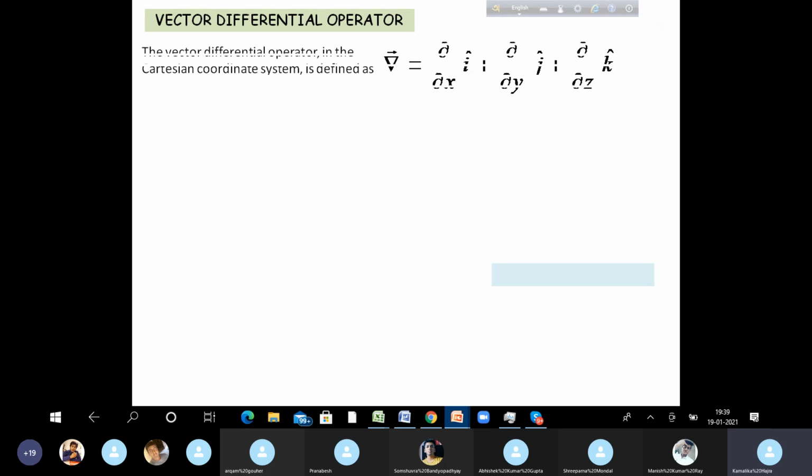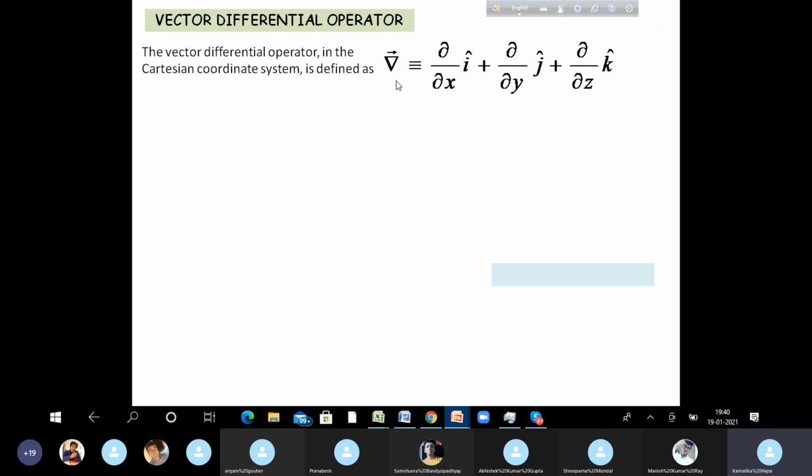All right. So in the Cartesian coordinate system specifically, the vector differential operator is defined like this. This is the symbol for the operator. It's an inverted capital delta. Please note that I have not written equal to; I have given an equivalent sign because this is an operator.